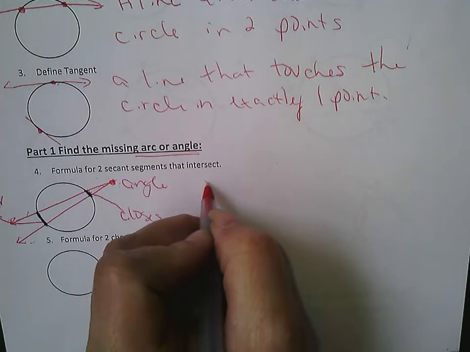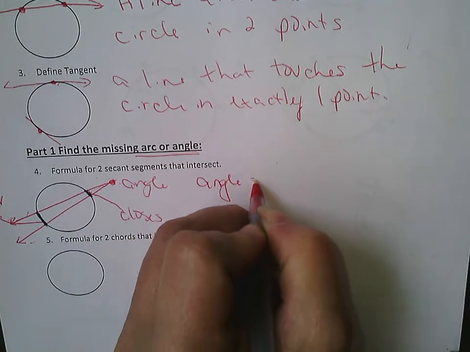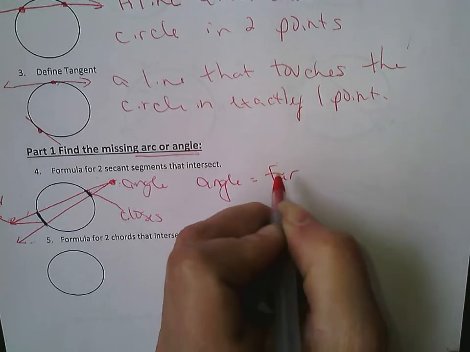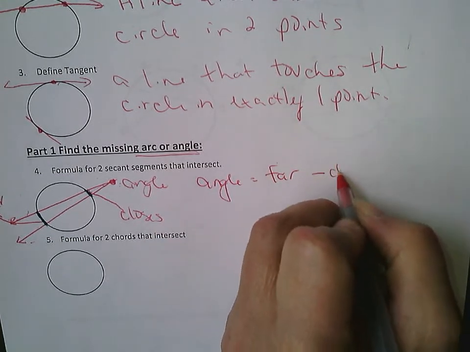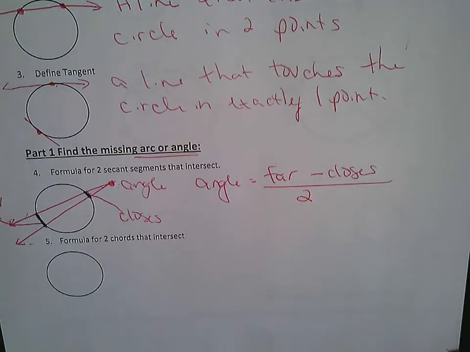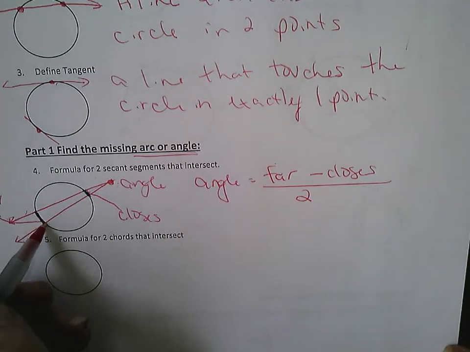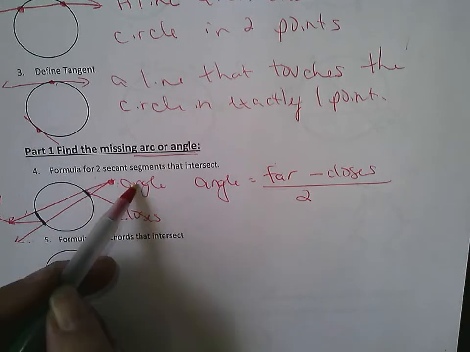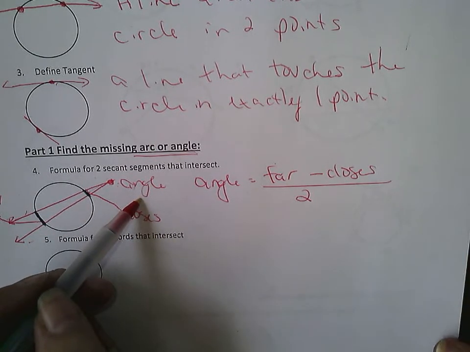The angle is equal to the far measure minus the close measure, divided by 2. So this value in degrees minus this value in degrees, divided by 2, equals our angle.